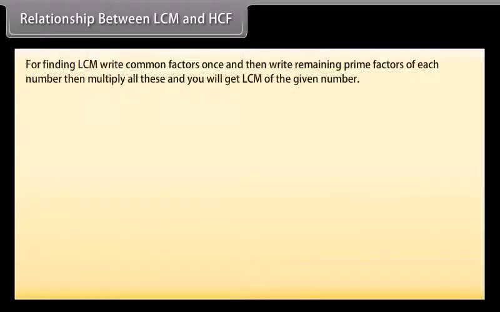For finding LCM, write common factors once and then write remaining prime factors of each number. Then multiply all these and you will get the LCM of the given numbers. 510 is equal to 2 into 3 into 5 into 17. 276 is equal to 2 into 2 into 3 into 23.